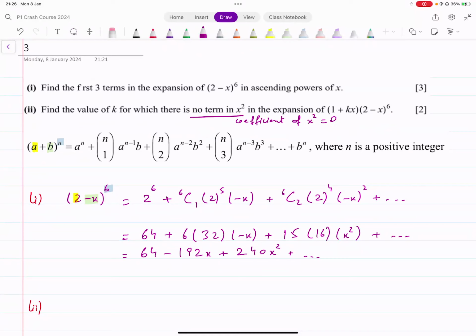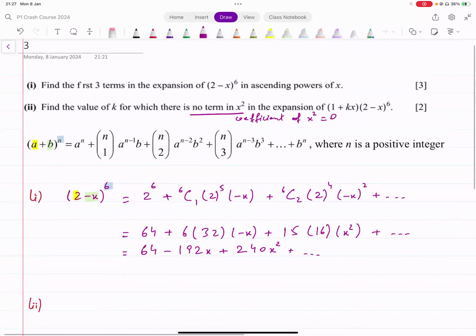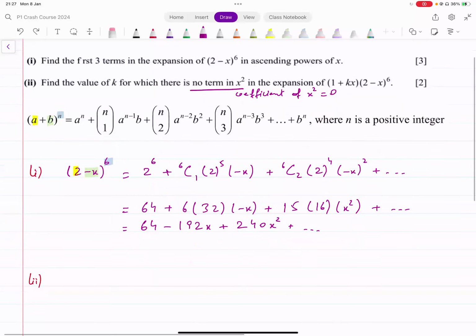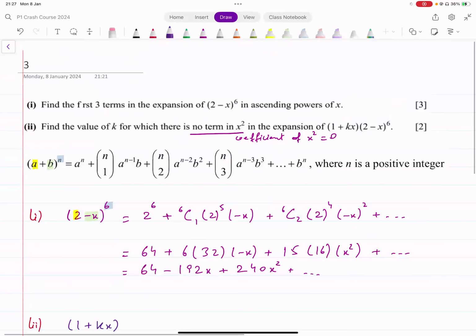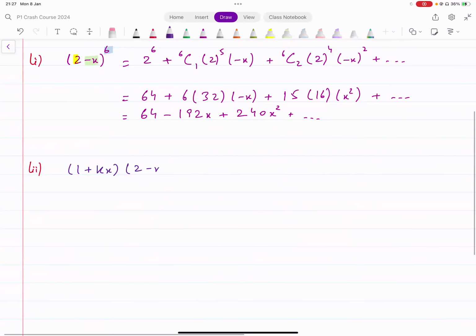You have to find the value of k such that the coefficient of x squared becomes 0. That's what we're looking for. So all we have to do now is find the coefficient of x squared in this expansion. What's the expansion that we have to do? It's 1 plus kx multiplied by 2 minus x whole raised to power 6.